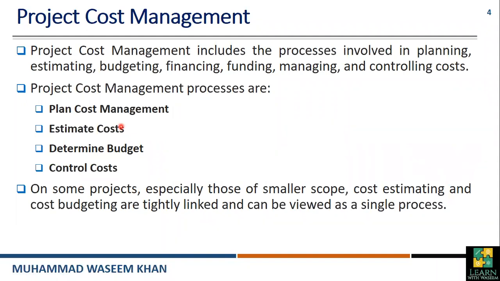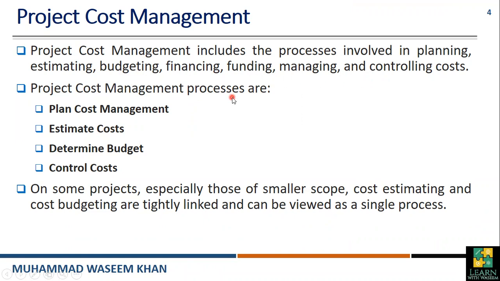So let's talk about project cost management first. Project cost management includes all the processes that are involved in planning, estimating, budgeting, financing, funding, managing, and controlling the cost. So in project cost management, we perform different processes, that is planning the cost, estimating the cost, budgeting, and financing, then funding, managing, and controlling the cost of different activities of a project.